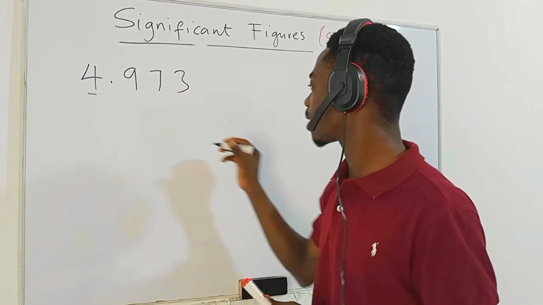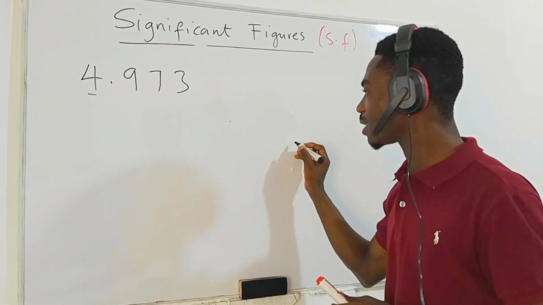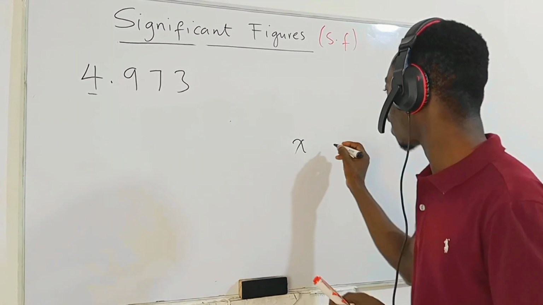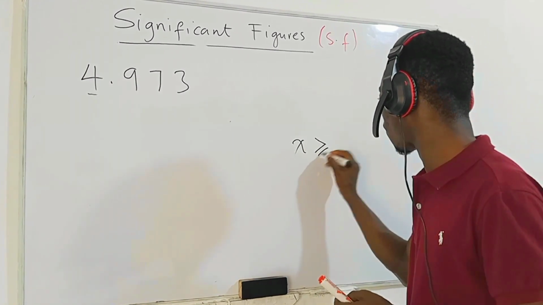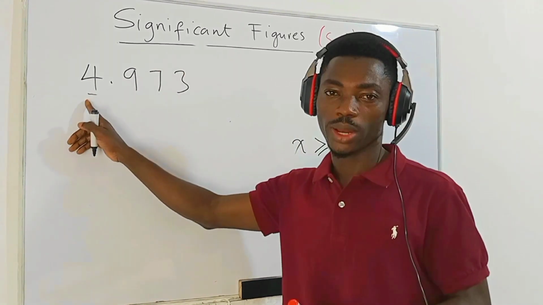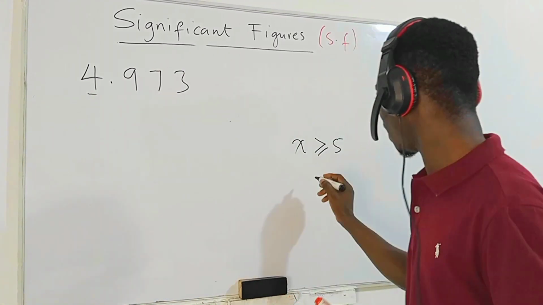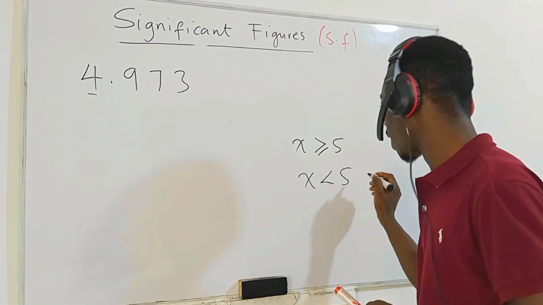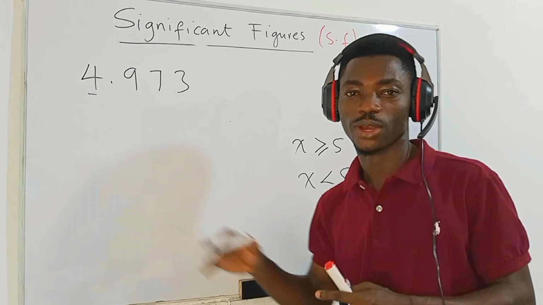Always, let's say the number that is next to the number that we landed on is x. Now, if that number is greater than or equal to 5, then we add 1 to the number that we landed on. If that number next to the number that we landed on is less than 5, then we are basically going to forget about it.